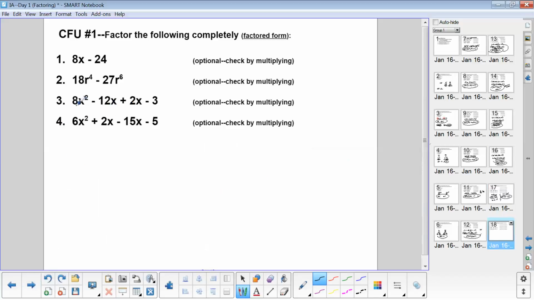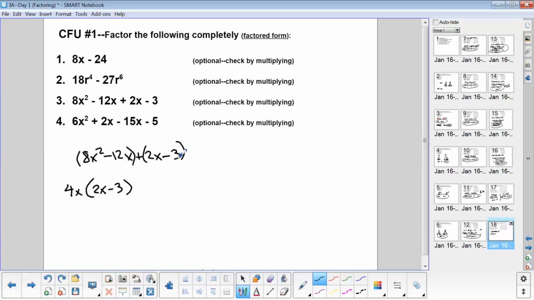Next, number 3 is factor by grouping. So 8x squared minus 12x plus 2x minus 3. Since this term right here is positive, I'm just going to group here and group here. 8 and 12, what's the GCF? It's 4. X squared and x would be x. So this leaves me with 2x minus 3.